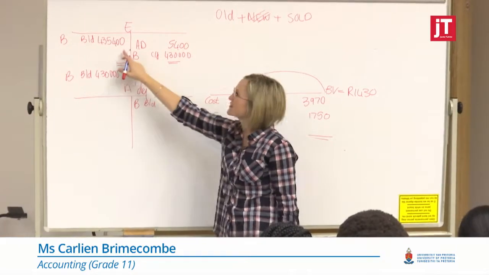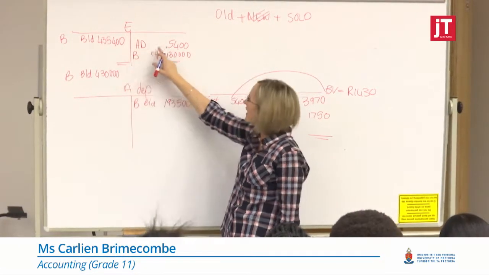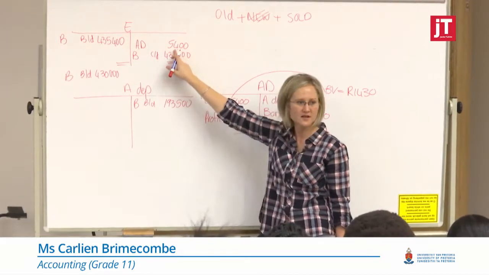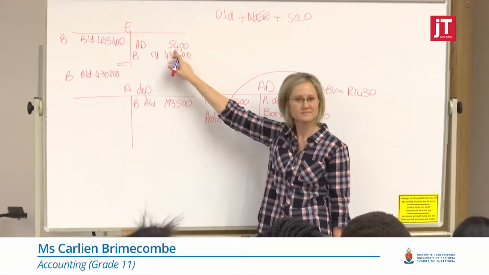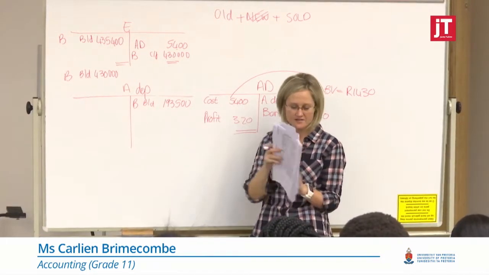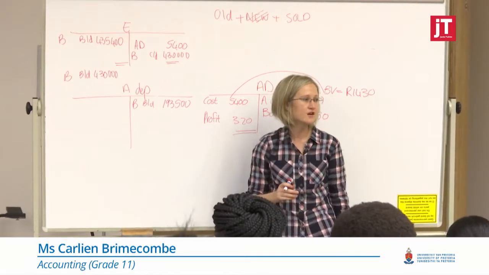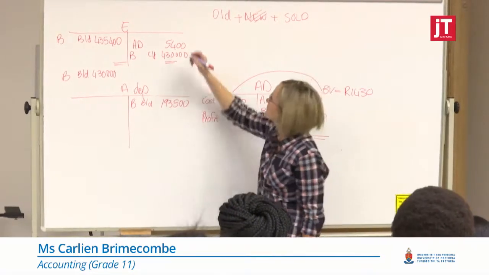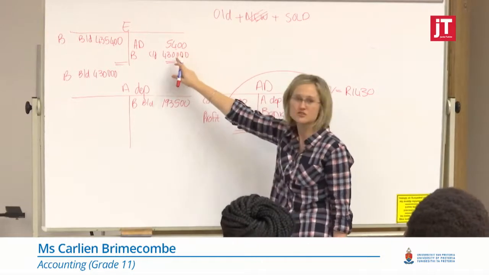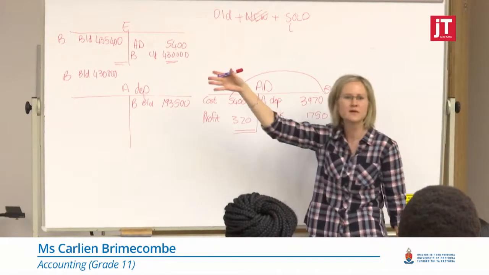This includes the 5,400. And did I have that asset for 12 months? No, because I sold it during the year. And I sold it when exactly? On the 31st of December. So it means depreciation on that which I've sold must be calculated.